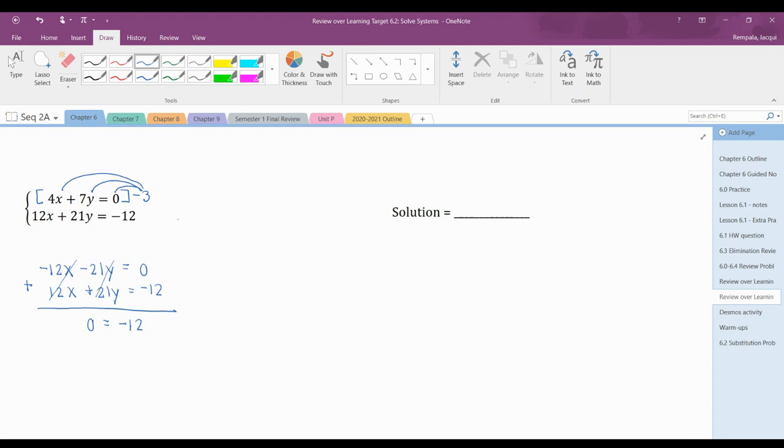If it's a false statement, we'll have no solution. The fact that 0 does not equal negative 12, it's false, think no, you can't have that. So that means we have no solution. And because we have no solution, there's no way for us to go back and double check that our answer is correct. So we just have to know that because we have a false statement, we have no solution.